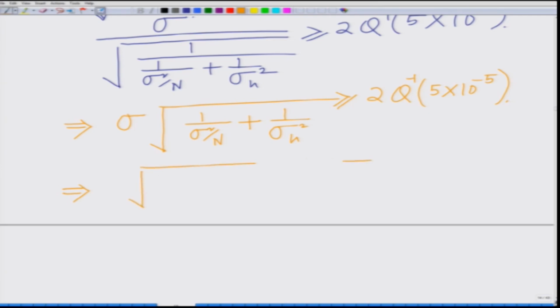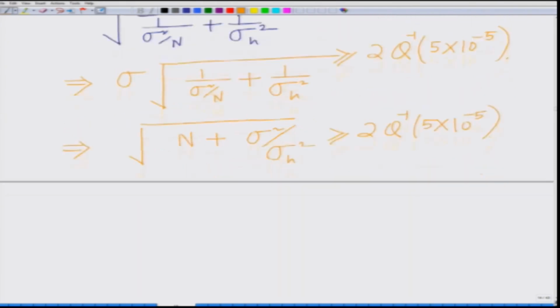Taking the sigma inside, what you have is the square root of n sigma square divided by sigma square, that is n, plus sigma square divided by sigma h square, must be greater than or equal to twice Q inverse of 5 into 10 power minus 5.